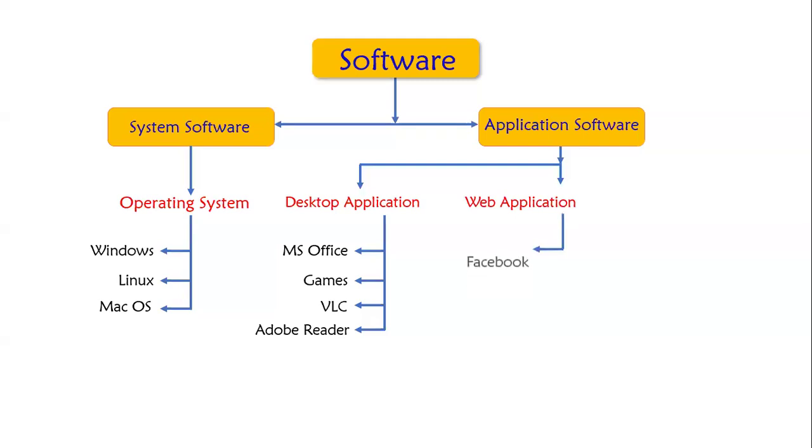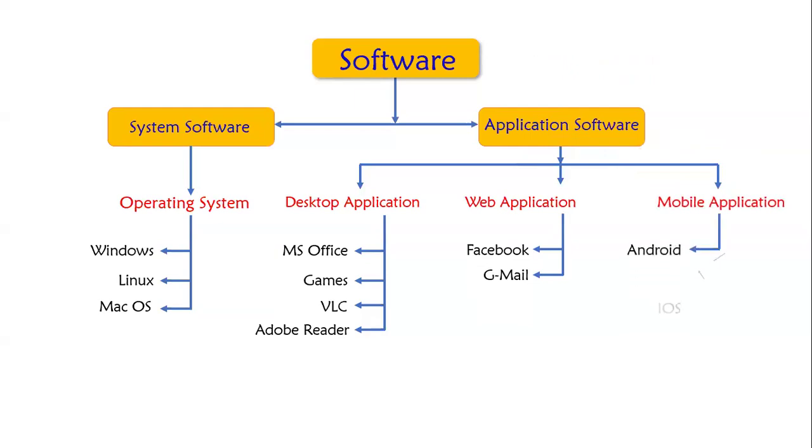For example, Facebook, Gmail, all this comes under web application. Any website which operates through the internet. And coming to mobile application, Android or iOS comes under mobile application. So if you want to develop any mobile application, you need to learn Android or iOS.